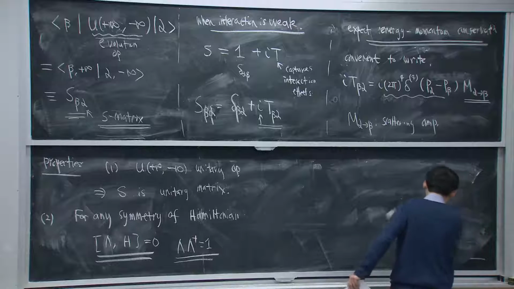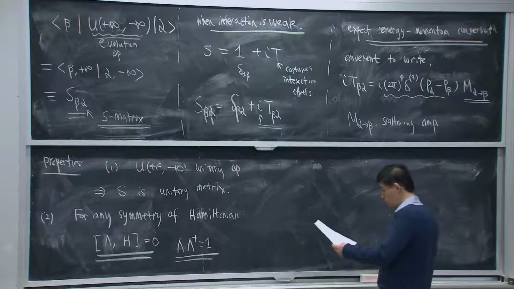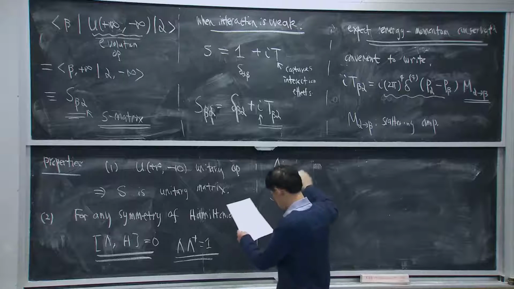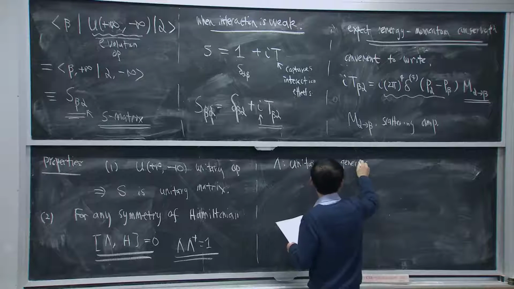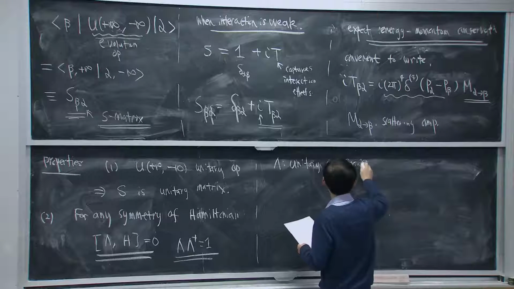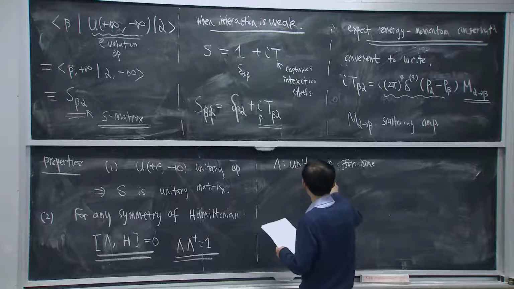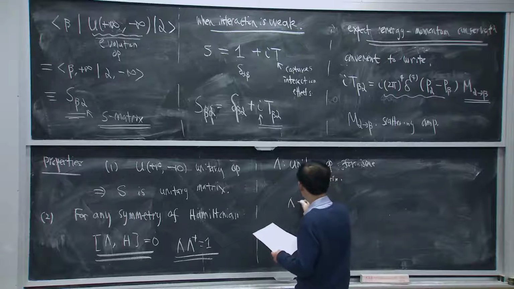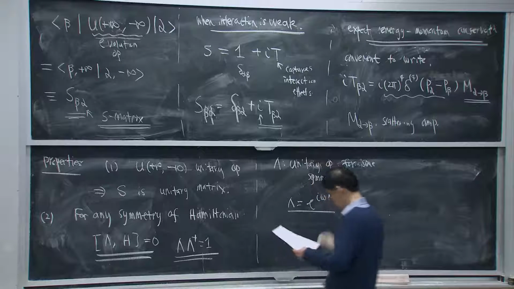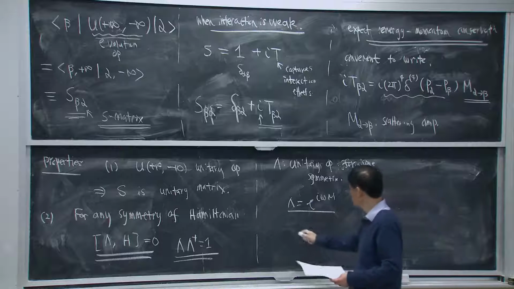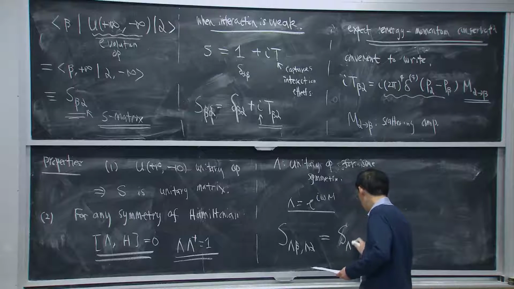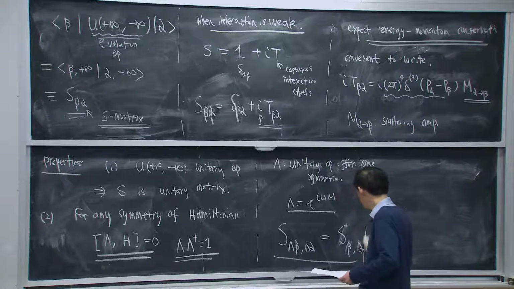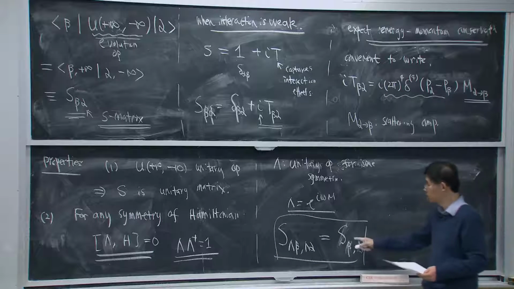Then you can easily show, and I leave this exercise to yourself, that if lambda is a unitary operator generating some symmetry, for example the Lorentz transformation, which you have done in your homework, then when you act on the initial state and final state by this lambda, the matrix element should be the same. You can easily prove this by using the commutation.